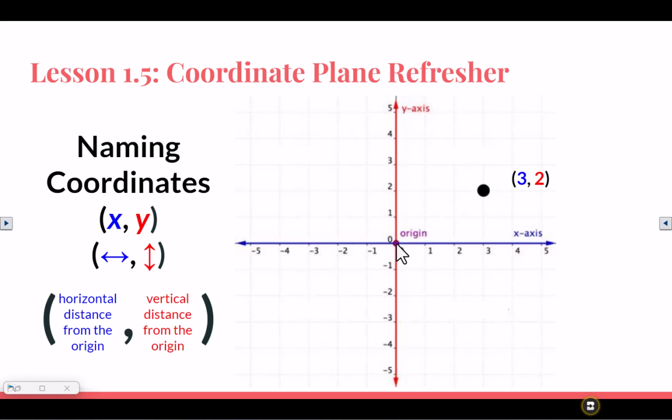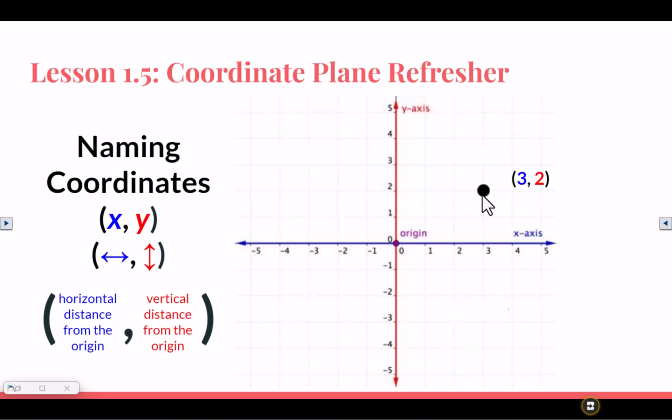So starting at the origin, I would move 1, 2, 3 to be right under that coordinate. The second number, 2, is our y-coordinate, and it tells us how far up and down to go on the y-axis, that number line that's going up and down. So after I move 3 to the right for the x, I would use that 2 to move up 1, 2 to plot the coordinate.